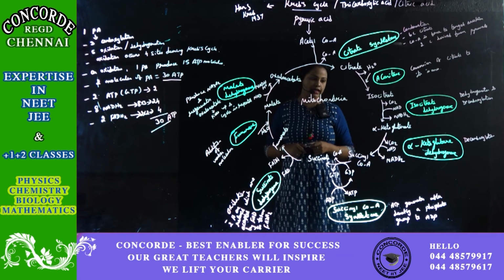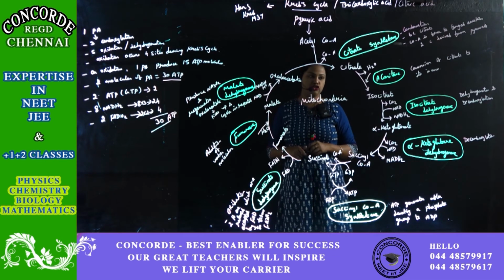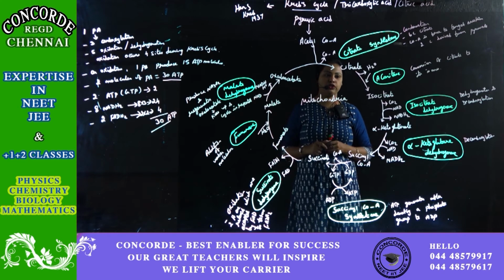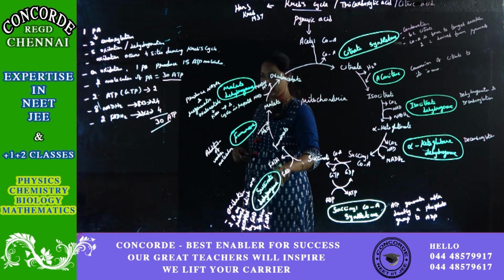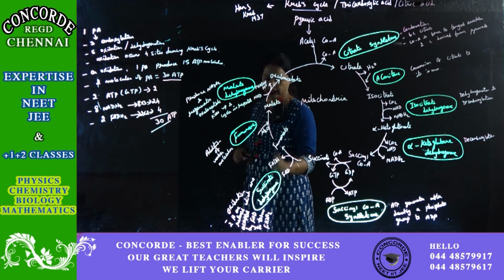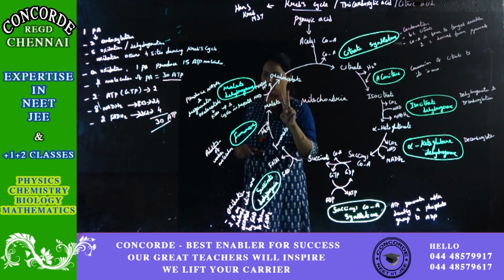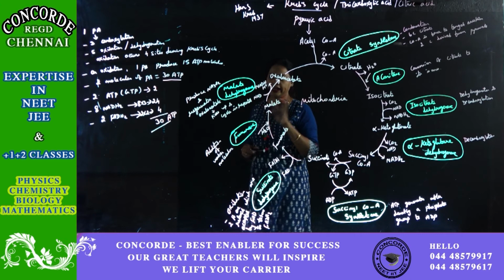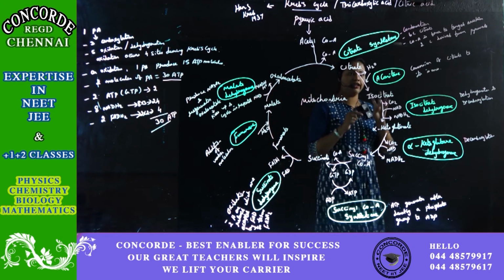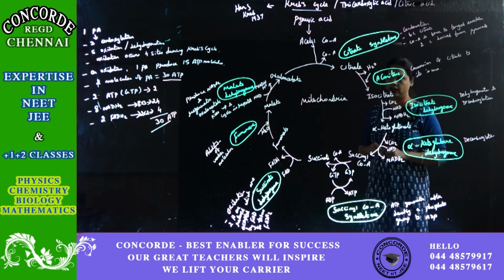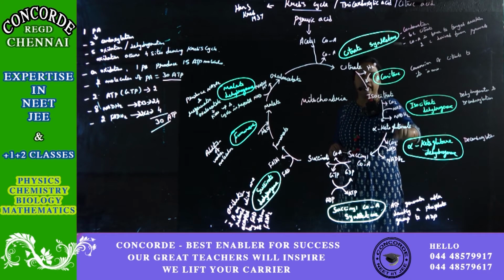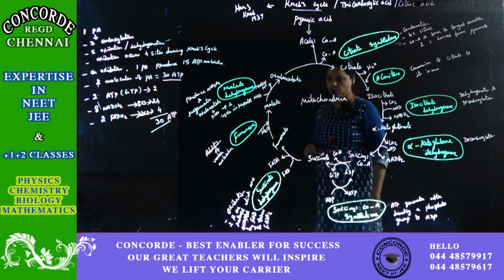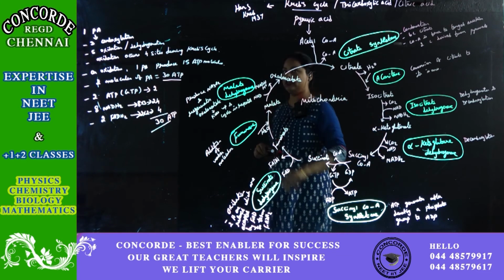Where are the 2 FADH2 produced? 1 FADH2 is produced in 1 cycle, and simultaneously another in the other cycle, so 2 FADH2. Now 8 NADH2 are produced, so each cycle has to have 4 NADH, correct?